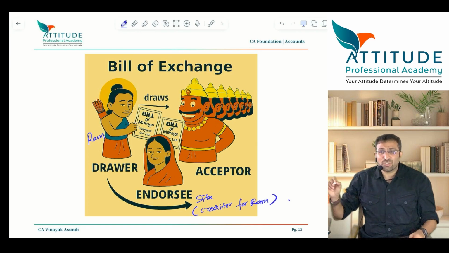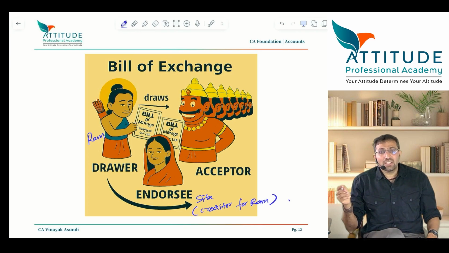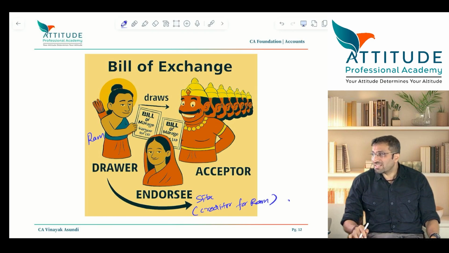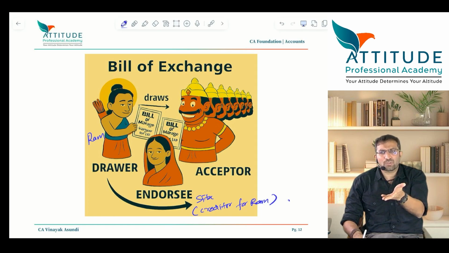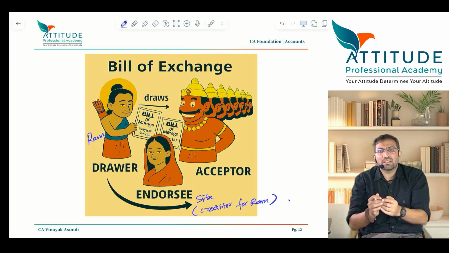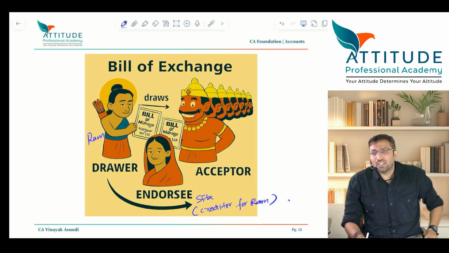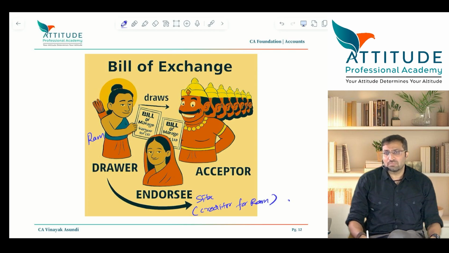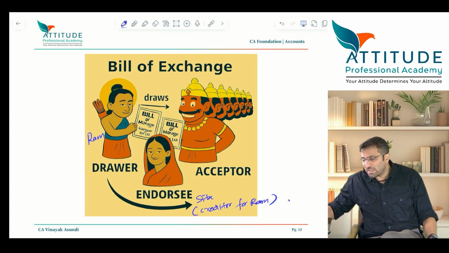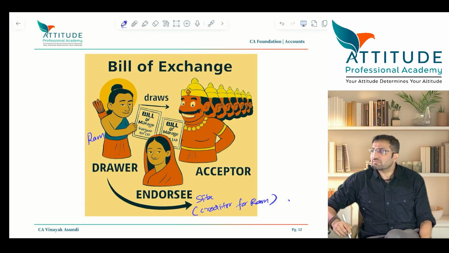That is why, instead of paying cash or money, he is endorsing the bill. This is known as endorsement. Here Ram is the endorser and Sita is the endorsee. Of course, she is also the payee, because ultimately she is holding the bill. Now tell me, on the maturity date, who has to make the payment to whom? Ravan has to make the payment to Sita. Is that clear?